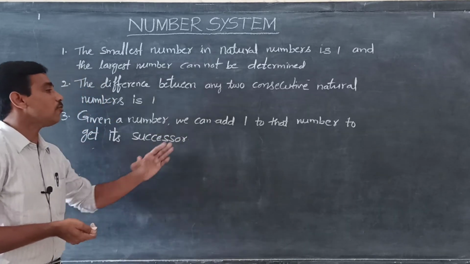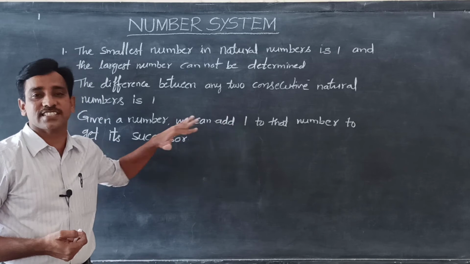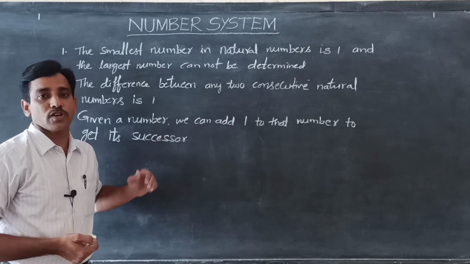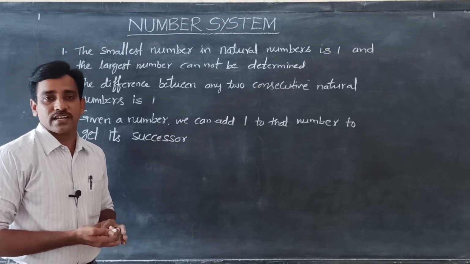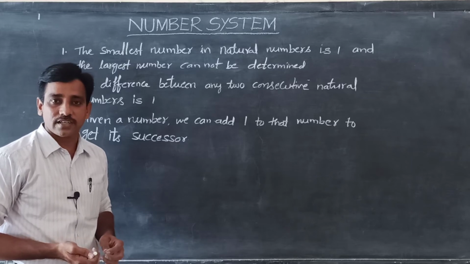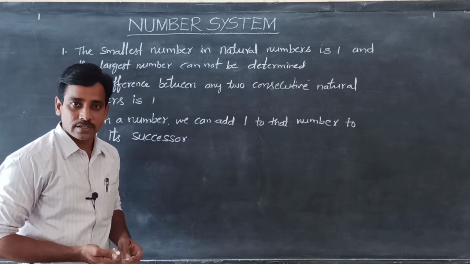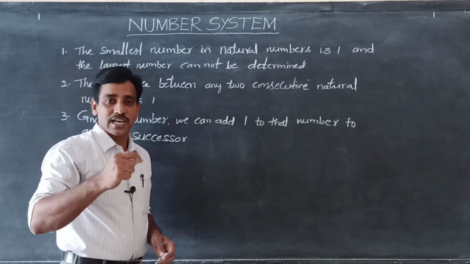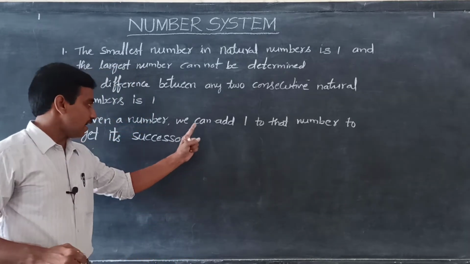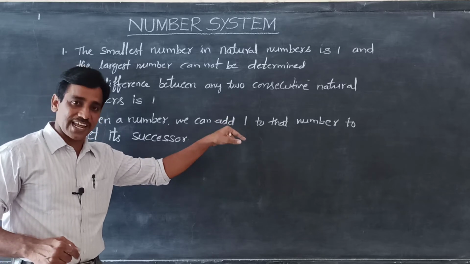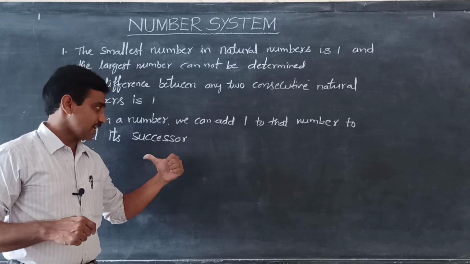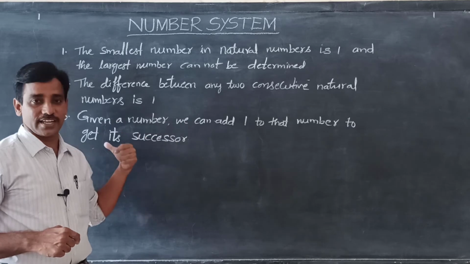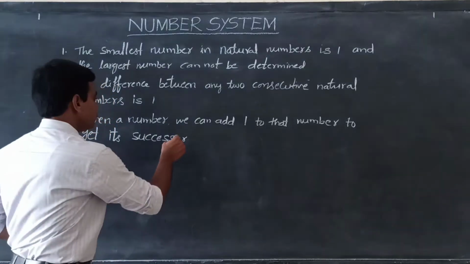Right? If we add 1 to the given number, we get the successor. Okay, for example, if we take 9, what is the successor of 9? 10. How can we get it? 9 plus 1. We add 1 to 9, we get 10. 10 is the successor of 9. Right?